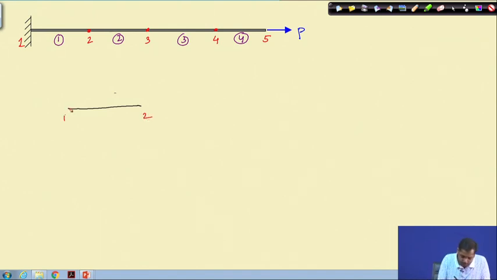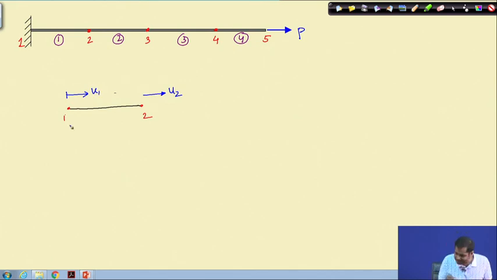Now, since it is a 1D element, you have just 1 degree of freedom, meaning it is a bar problem. So, you have degrees of freedom along the longitudinal axis of the bar. At this point the displacement is say u2, that is our degree of freedom, and at this point the displacement is u1.